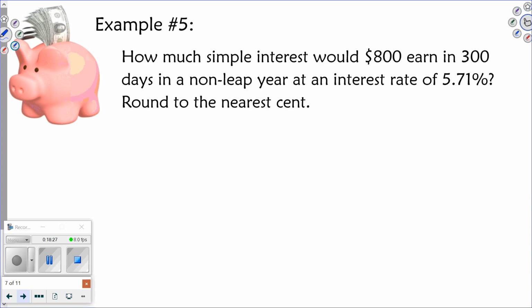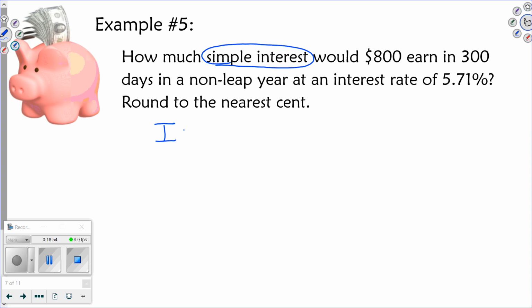All right, example 5. How much simple interest would $800 earn in 300 days in a non-leap year at an interest rate of 5.71%? Round to the nearest cent. All right. So we got simple interest, right? We see those words.